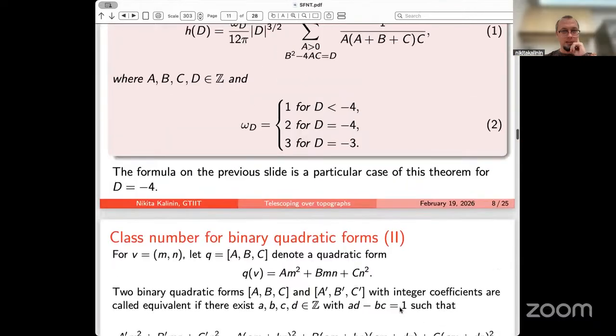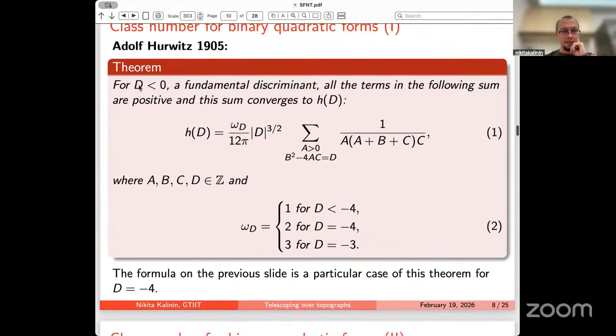Okay, so this formula above is a formula for negative d. But I will tell you later that there are formulas also for positive d, but it doesn't help much, right? Because when you look at this formula, here you have a series of positive numbers, but maybe it's small, maybe it's big, so it's difficult to estimate such a series.